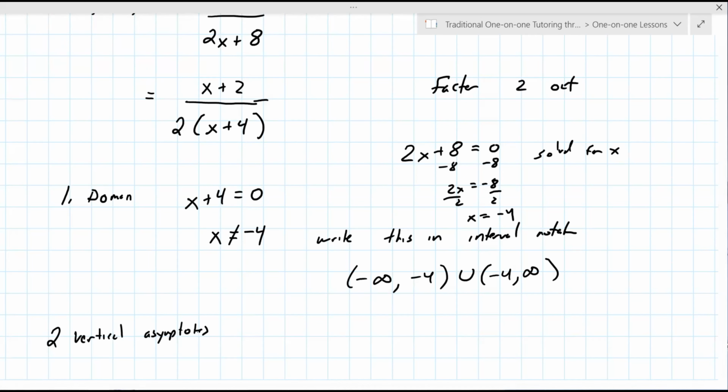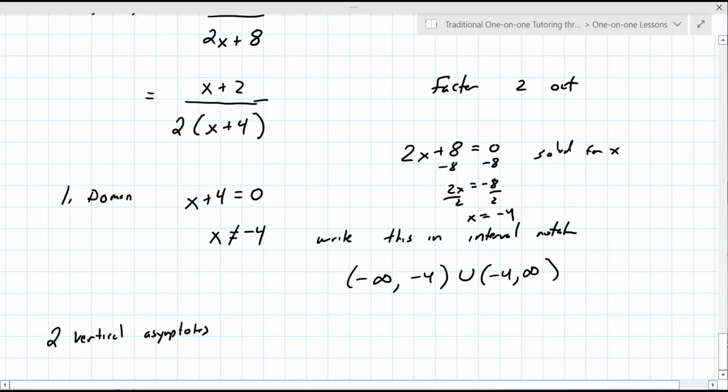Hang on, go back and look in your notes if you're not sure, or if you need me to scroll up, I can do that as well. So to find the vertical asymptote, you would set the coefficient, or not the coefficients, sorry.